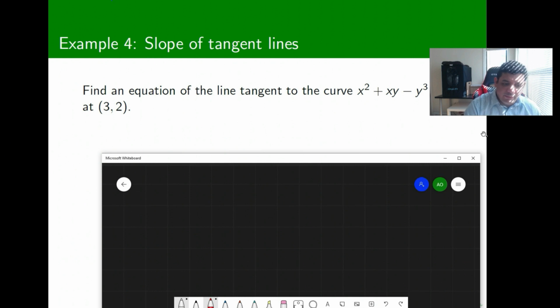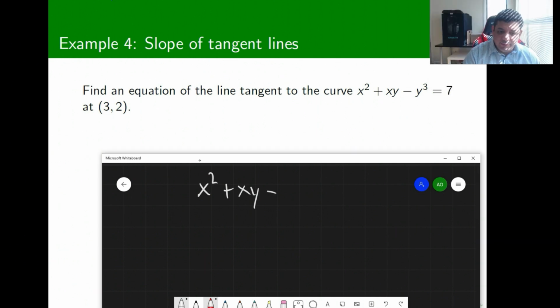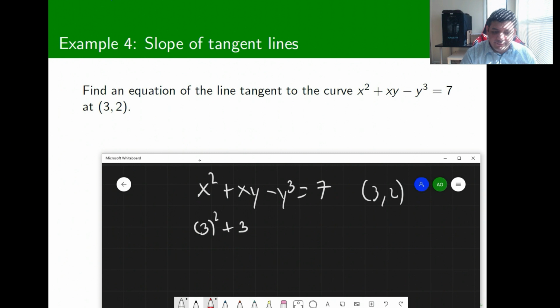So first we have this curve x squared plus xy minus y cubed equals 7. I want to verify that this point (3, 2) that they're saying goes through this curve works out. So for that I plug in x and y.